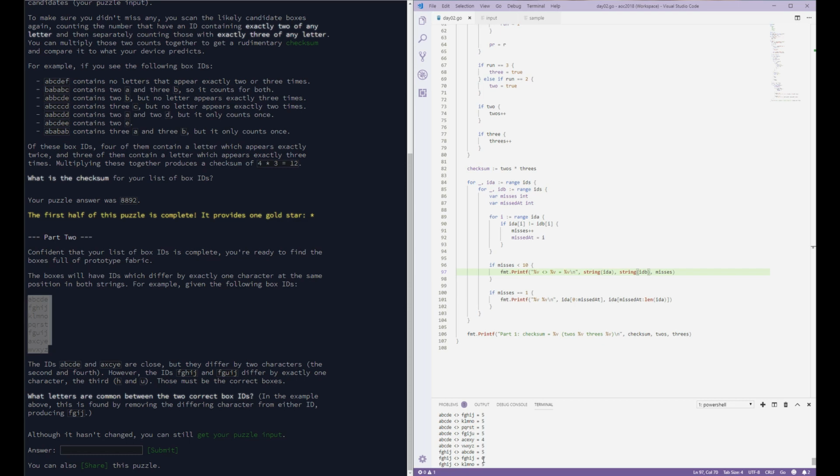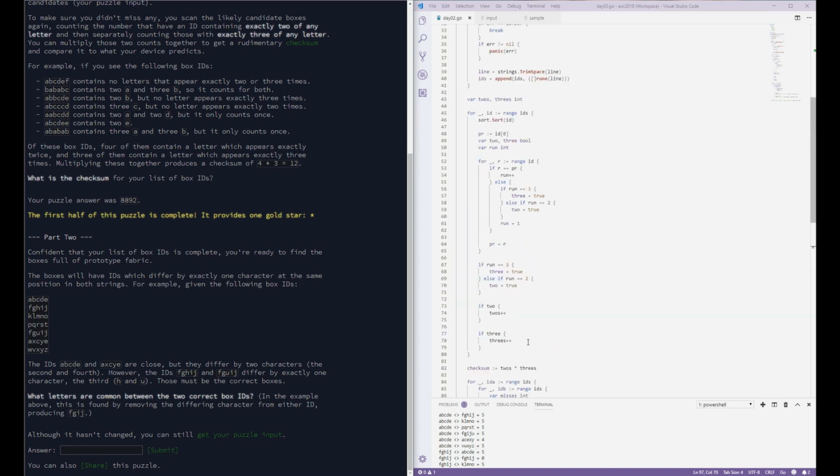Set this 0. What I'm looking for is ABCDE with AXCYE. AX. I don't have AX. ACEXY, because I sorted them.